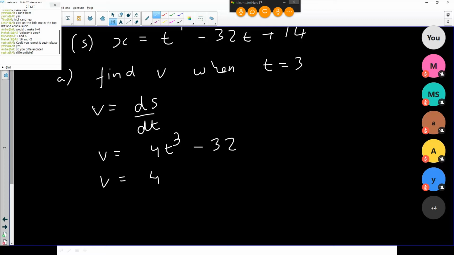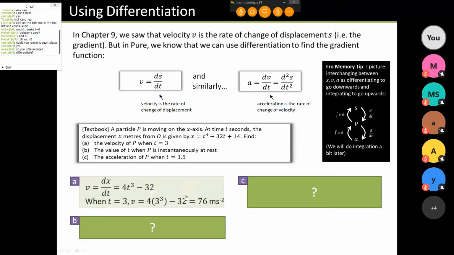So I'm going to do 4 times 3 cubed minus 32. 3 cubed is 27, so times 4 is 108. 108 minus 32 is 76. 76 meters per second. That is my velocity. Okay, and there we go.